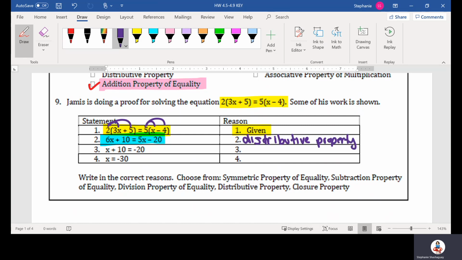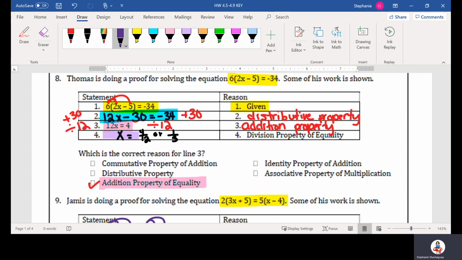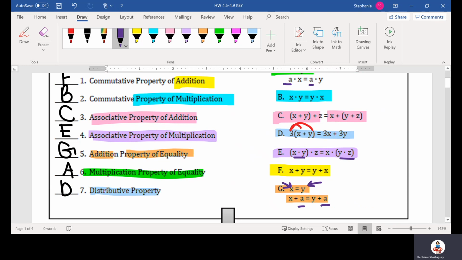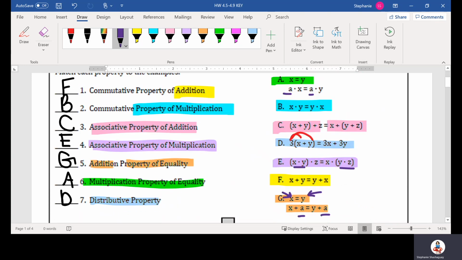To go from step 2 to step 3, what did we do? Well, we had 6x plus 10 equals 5x minus 20, but now we just have 1x. So that means we subtracted 5x from the right and we subtracted 5x from the left. But if you look at my rules, I don't have anything in here about subtraction.